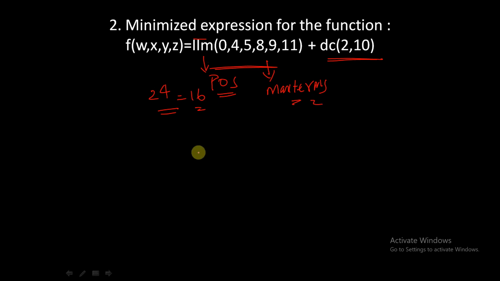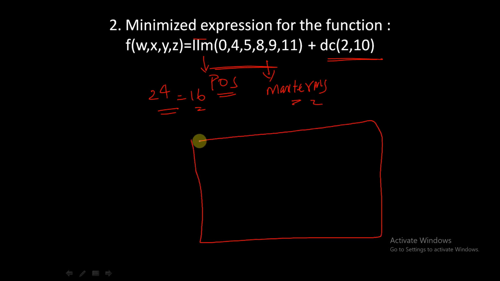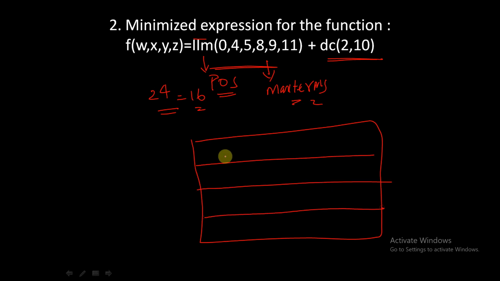Now how do we draw the K-map for 4 variables? We will draw it like this. This is 0 1 3 2, 4 5 7 6, 8 9 11 10 and 12 13 15 14.